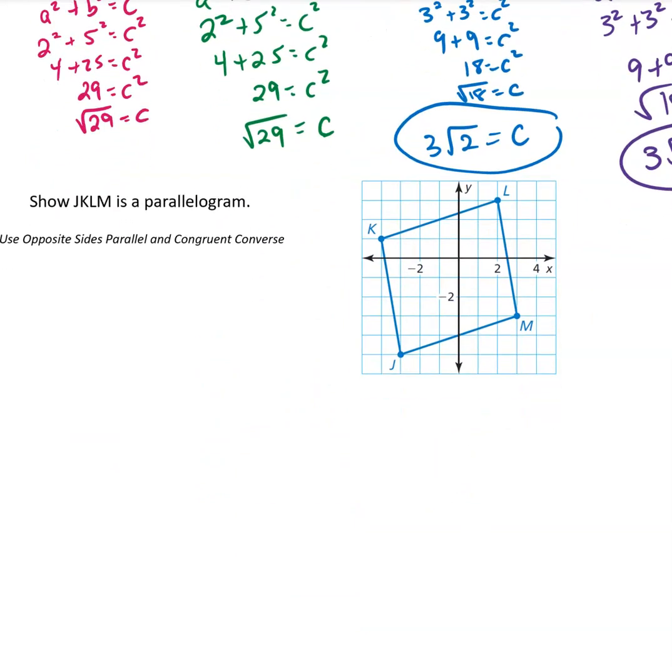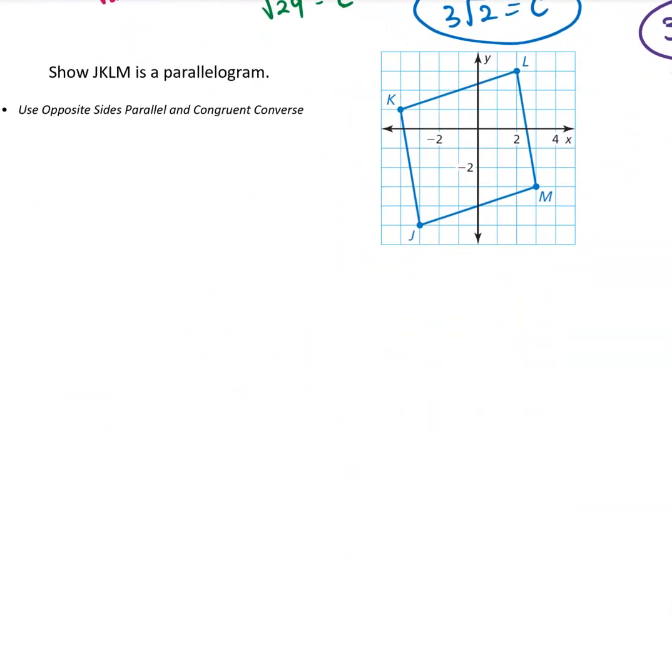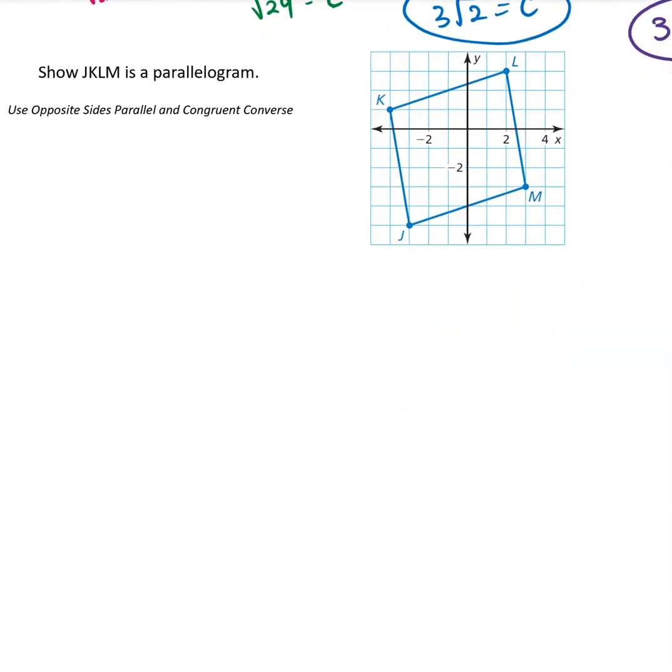Okay. We have a second question here that asks us to prove that this quadrilateral is a parallelogram. But this time it asks us to use the opposite sides parallel and congruent converse. So on this, we just pick one pair of sides. And for that one pair, we need to show that they are parallel and that they're congruent.